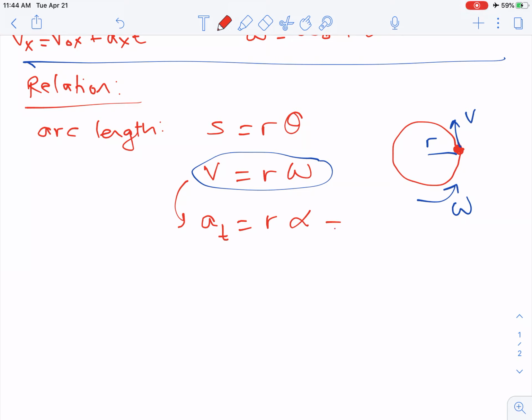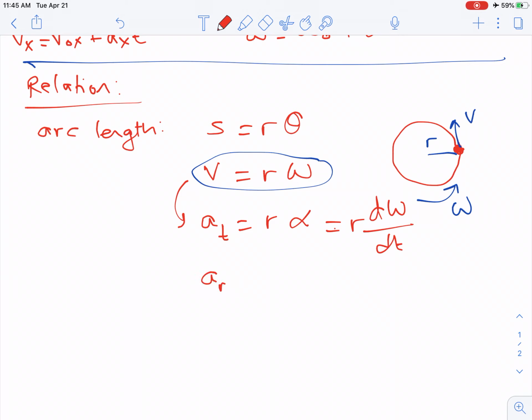So tangential acceleration depends on omega as well, but it is the derivative of it. Okay, that means if there's a change in omega, then we have tangential acceleration. Another way of saying that, if there's non-zero alpha, then we have tangential acceleration.